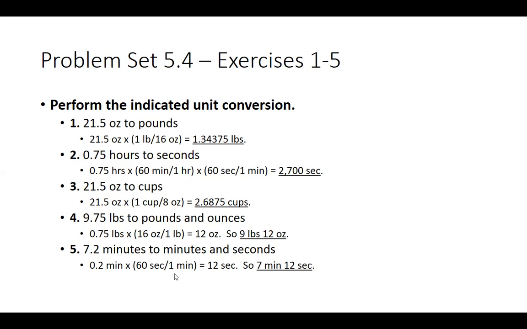That would be 60 seconds over 1 minute. The math then is 0.2 times 60 divided by 1, and that gives us 12. The units we were left with were seconds. Bringing the 7 minutes we already had into it, we get 7 minutes, 12 seconds.